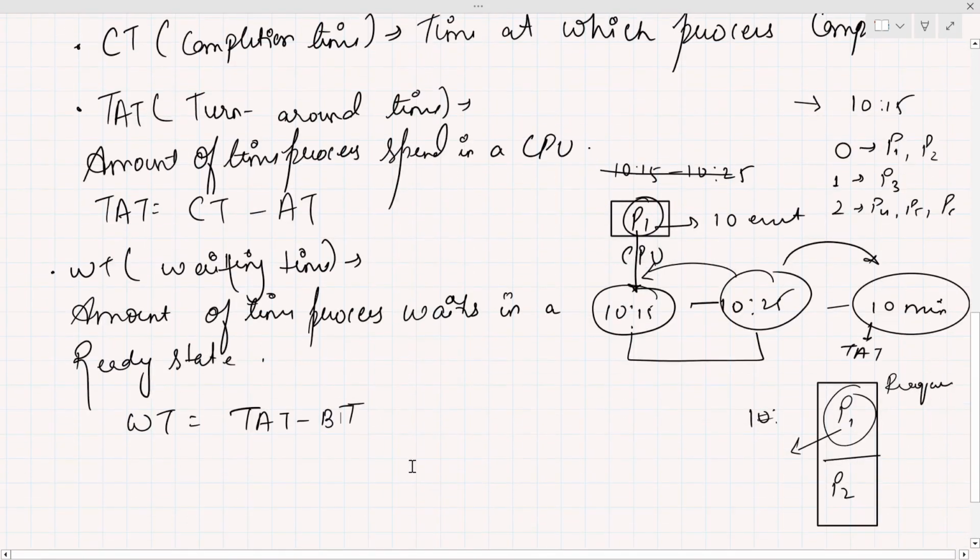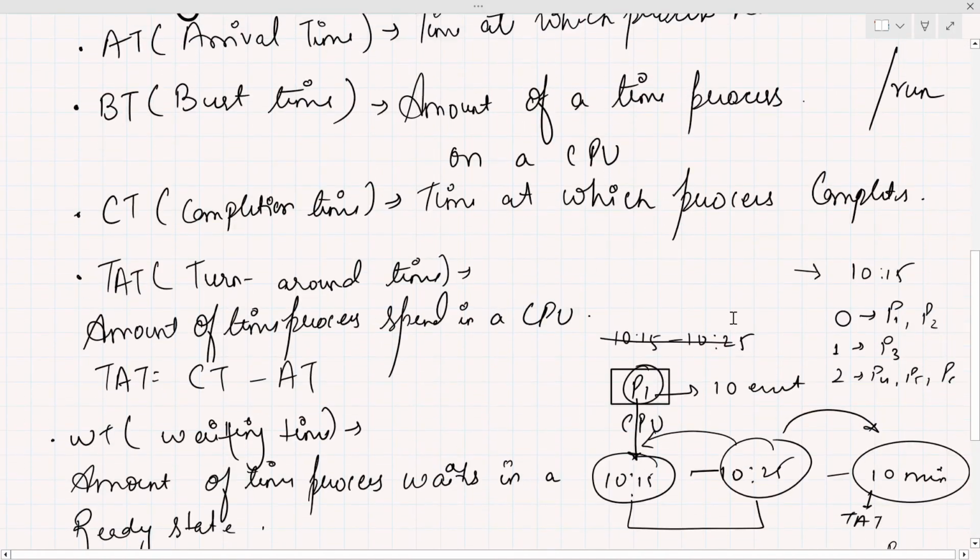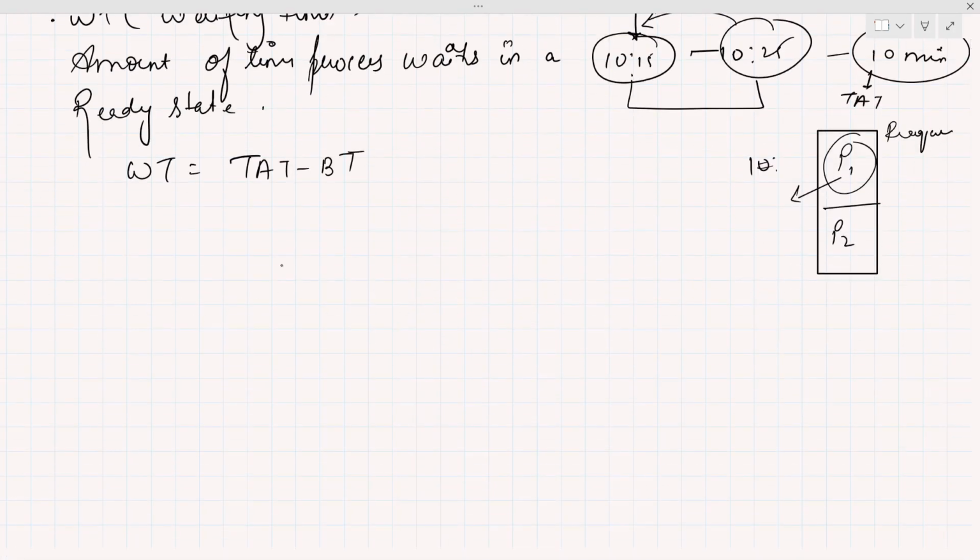Now let's see a short overview of these things, because right now it's a little bit complicated to understand. Let's say we have a process P1, and P1 comes into the ready queue, in main memory or RAM, at 10 am.